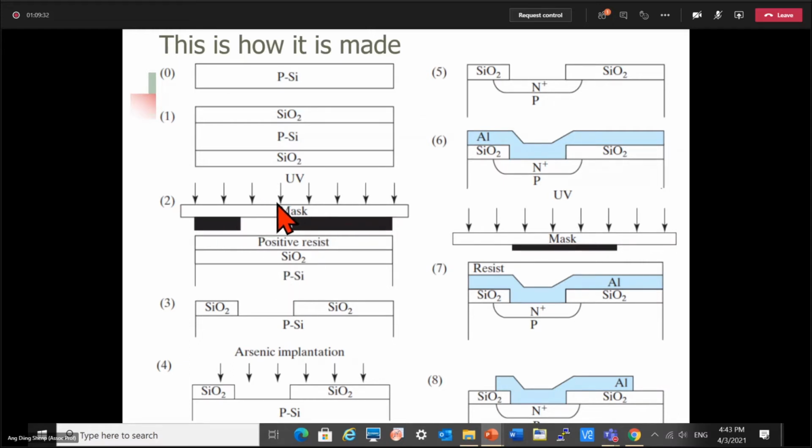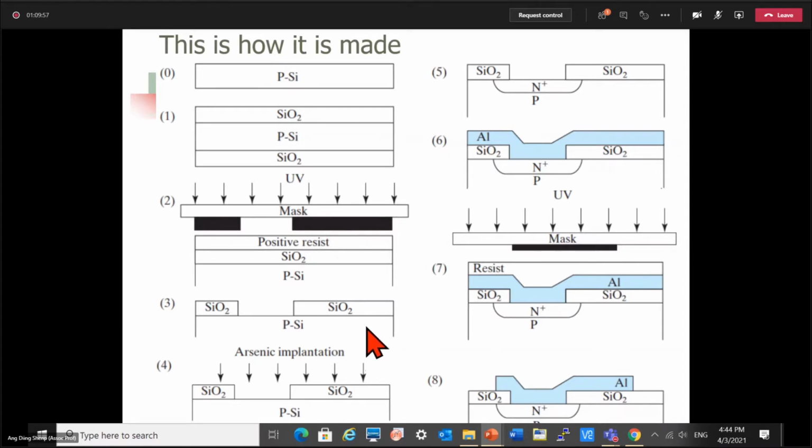The pattern transfer is achieved by exposing the mask to UV light. At the area where the photoresist is exposed to UV light, the chemical state of the resist will be different from the rest, which are not exposed to the UV light.